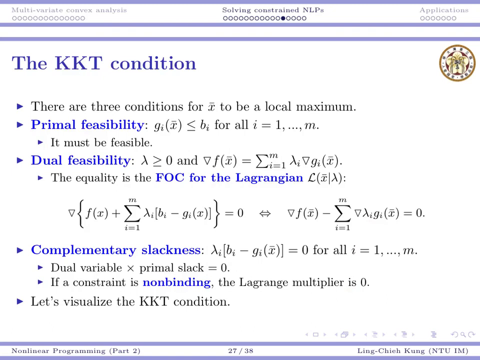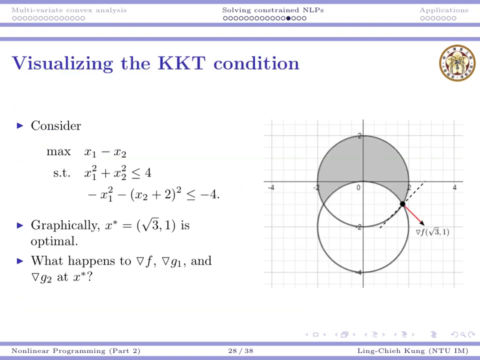So that's an algebra view for KKT. Let's also do a geometric view about, in particular, this equality. Consider that we have a problem like this. We want to maximize x1 minus x2, so we want to move in this direction, subject to x1, x2 being outside of this circle: x1 squared plus (x2 plus 2) squared greater than or equal to 4.